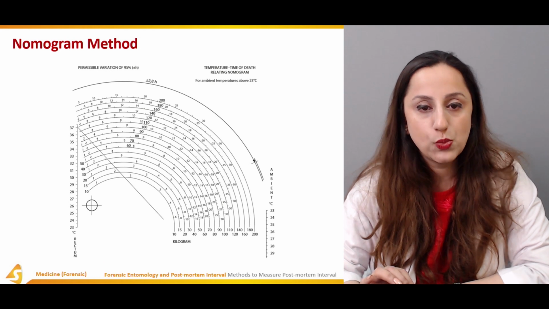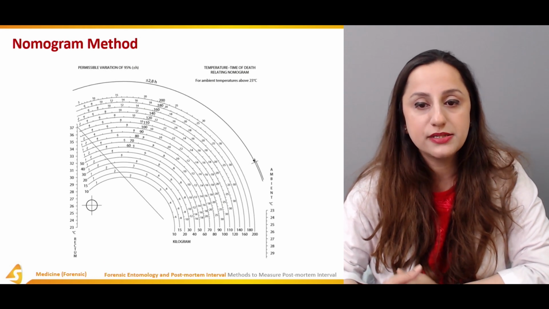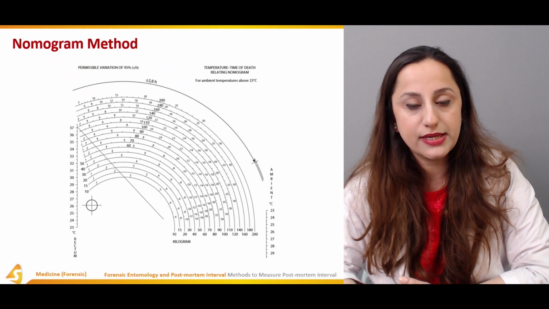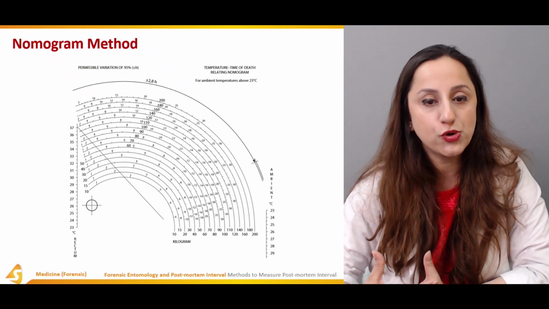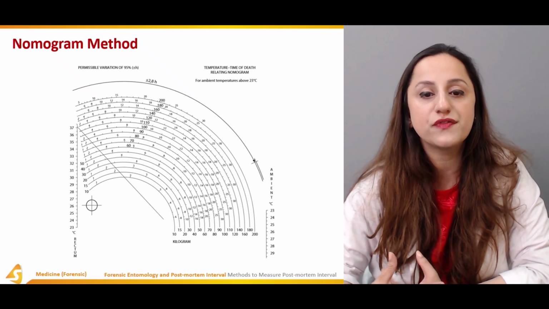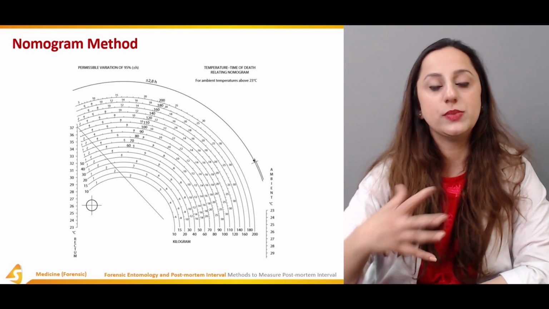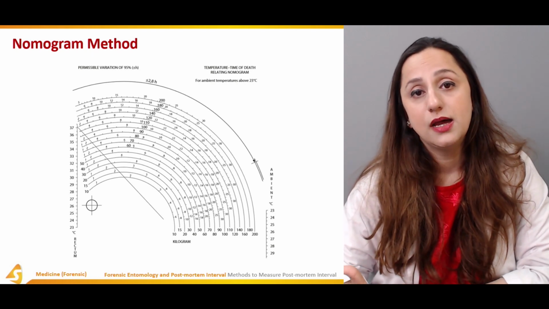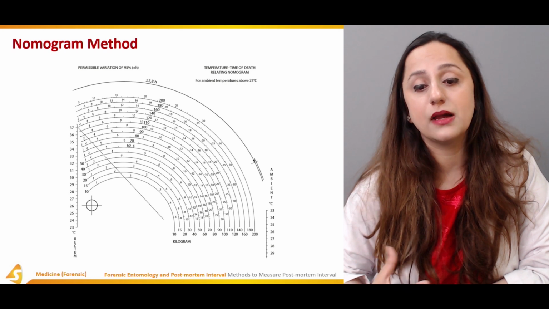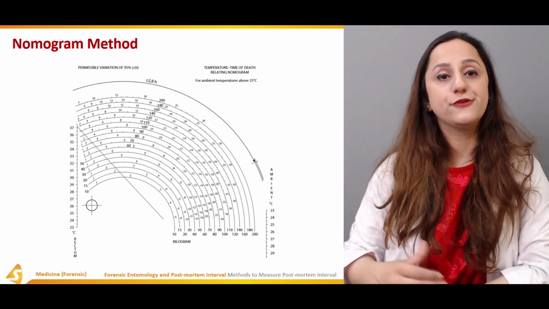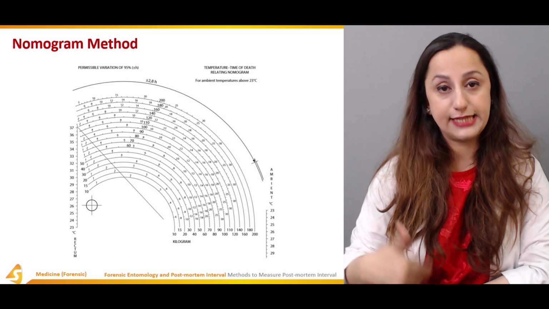Now this is another nomogram, and over here the ambient temperature is again 23 degrees centigrade, temperature and time of death relating nomograms, the permissible variations of 95 degrees centigrade humidity. So the humidity is another factor which can basically influence the fall in the temperature after death.